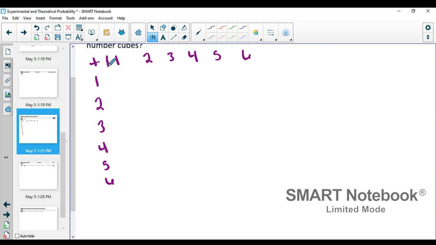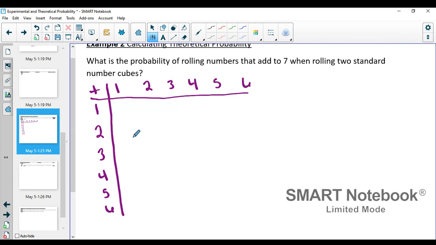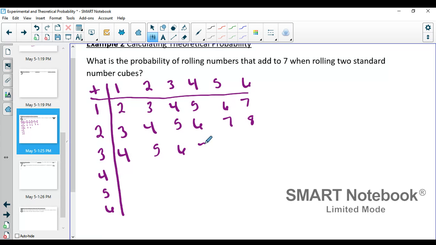And then we would add them all together to see how many different combinations get us 7. So 2, 3, 4, 5, 6, 7. And just go through and fill this in. There's kind of a pattern here.